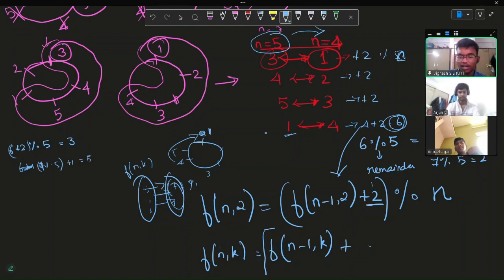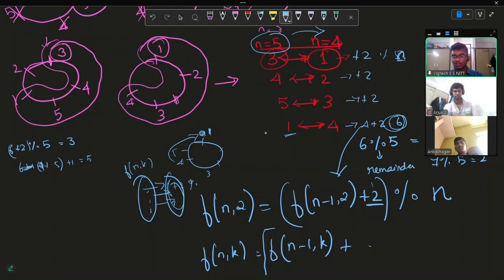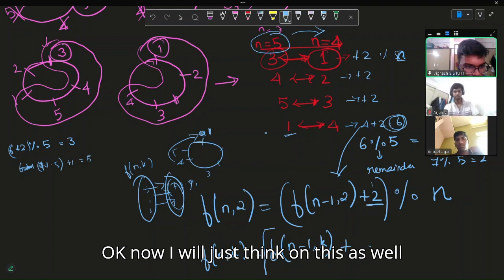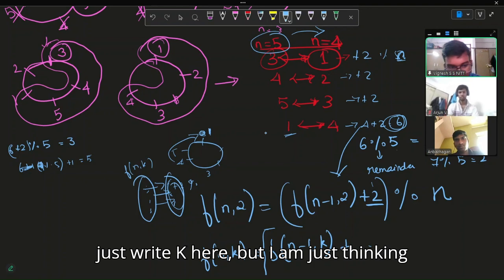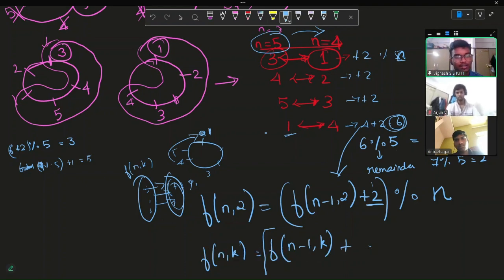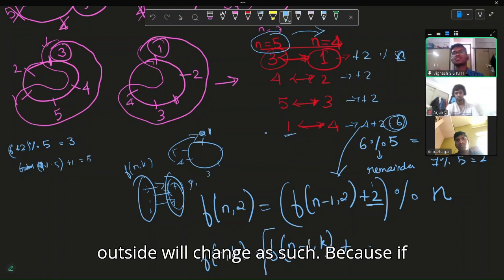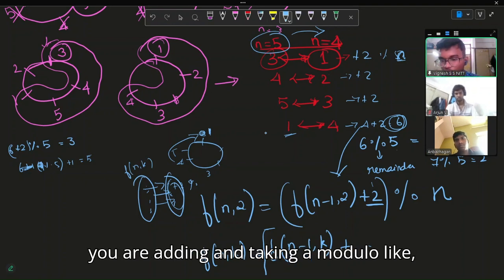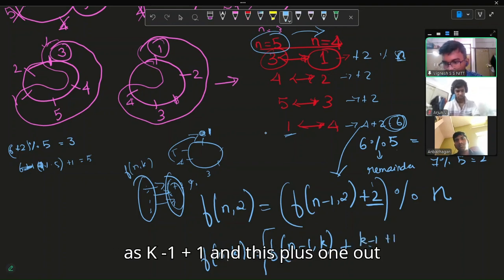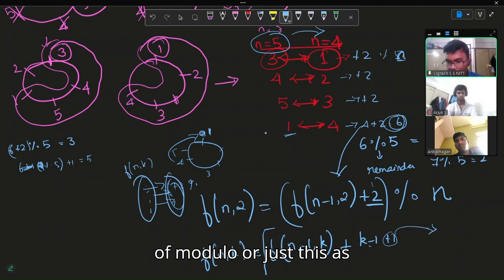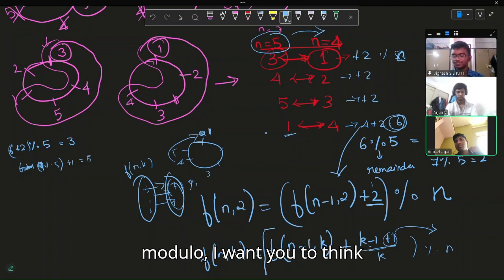Basically, what you can try to do is, okay, I will just think on this as well, because I have a small confusion. We can just write k here, but I'm thinking whether to write k or k minus 1, whether the modulo operation inside and outside will change. Whether to write it as k minus 1 plus 1 with this plus 1 outside of the modulo, or just this as k and then take it as a whole modulo.